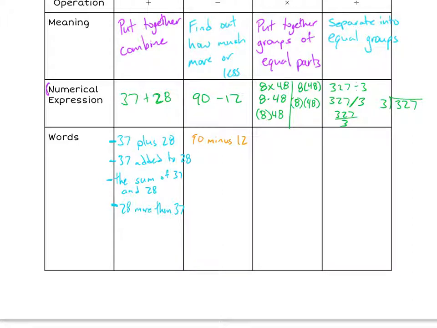You're going to need all of these on your homework, so I would write them down. 12 less than 90. 90 subtracted to 12? Yeah, we're going to flip that one around. We're going to say 12 subtracted from 90.